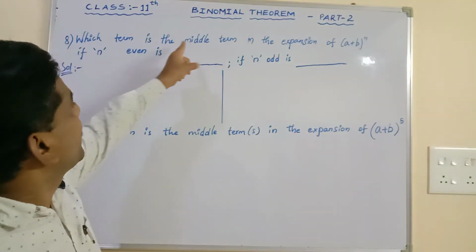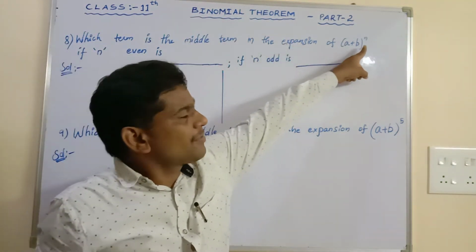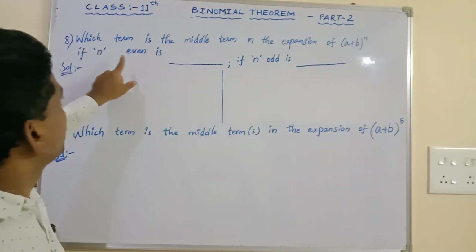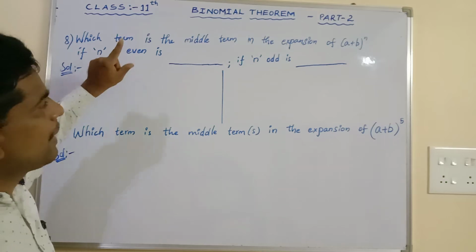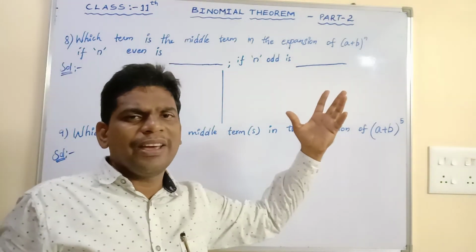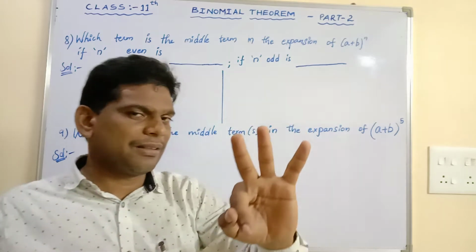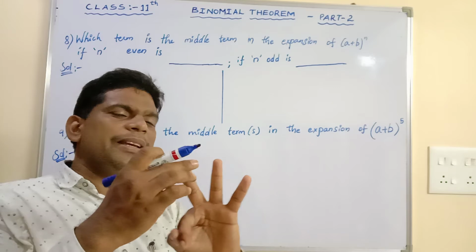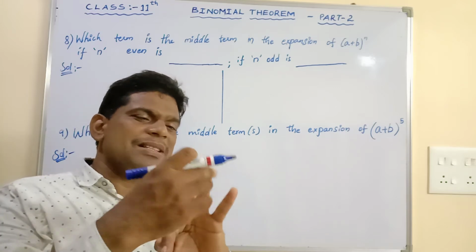So here in the binomial expansion how many terms will be there? n plus 1 terms will be there. Okay. Here, if n is even, to find the middle term, if (a plus b) whole square, how many terms will be there? 3 are there. Okay. So the middle term will be the second one, you know that. 1, 2, 3 means the second one.